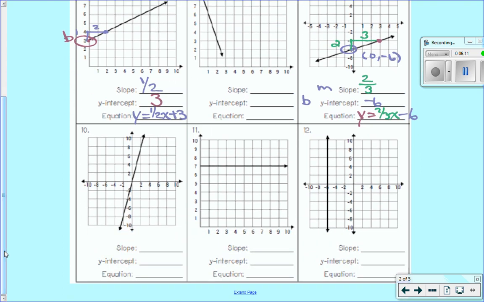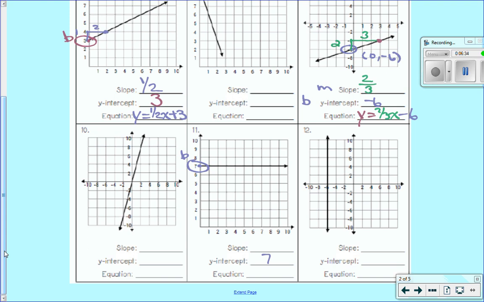All right? Let's look at number 11. What is our y-intercept? Right here. And that's just showing we're finding the y-intercept on the graph, right? And so it is a positive 7. And then what kind of line is this?